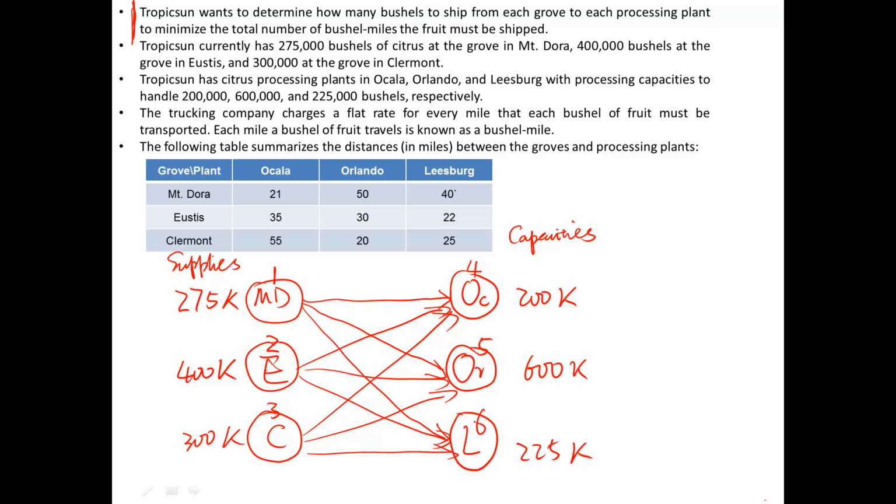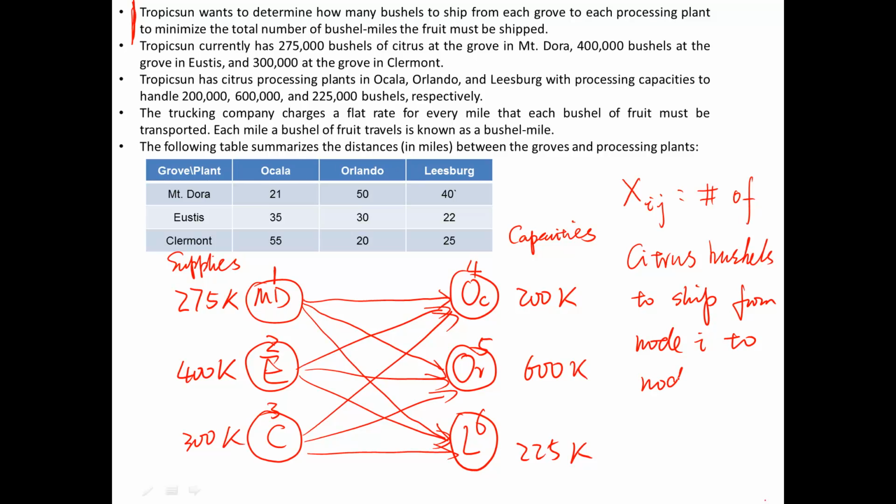Okay, so we have 6 nodes, and our decision variables can be x_ij, representing the number of bushels to ship from node i to node j, where i equals 1, 2, 3, and j equals 4, 5, 6.